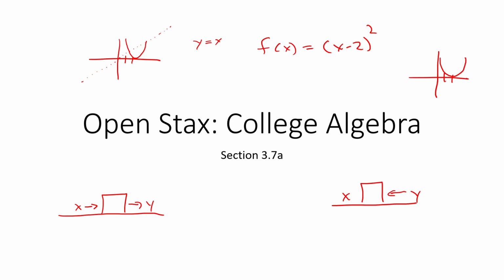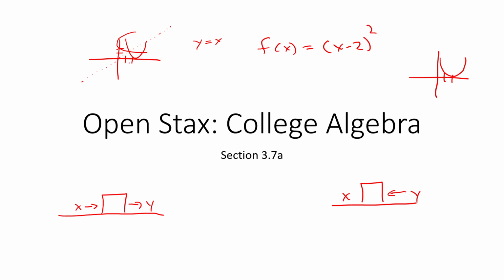Now, the reason that a function has to be one-to-one in order to have an inverse is this. If we flip this picture over that dashed line, which is what an inverse does, it's going to fold it. It now would look something like this.